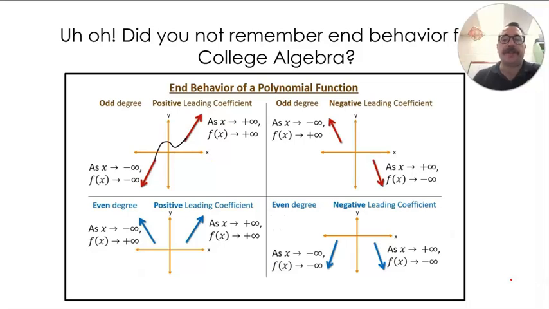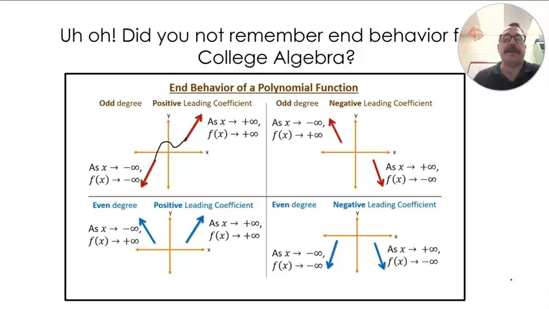All right, just in case you didn't memorize and retain absolutely 100% of what you learned in college algebra, that is okay. Just as a reminder here, we've got end behaviors of polynomial functions.